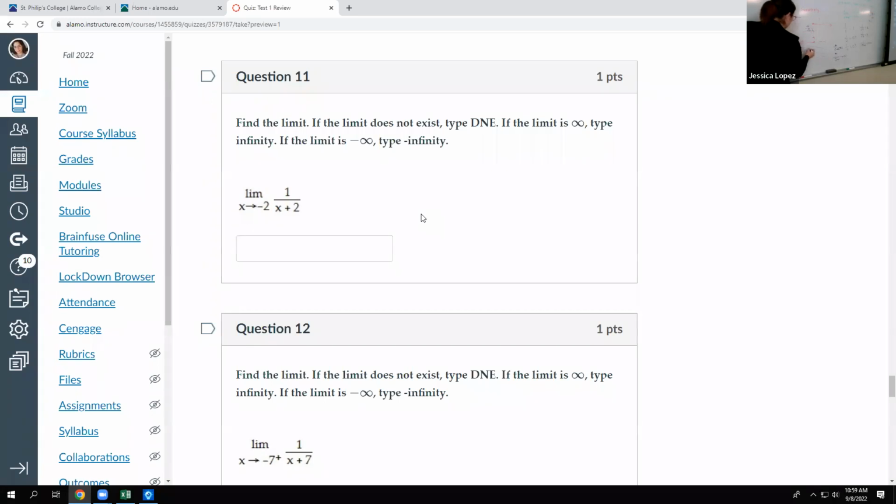I don't ever do more than 3 because I'm pretty sure you can figure out what's going on after 3. Sometimes even 2. And then on this side of -2 is actually -1.9, -1.99, and then -1.999. And then eventually it should be able to tell me what's going on at -2.